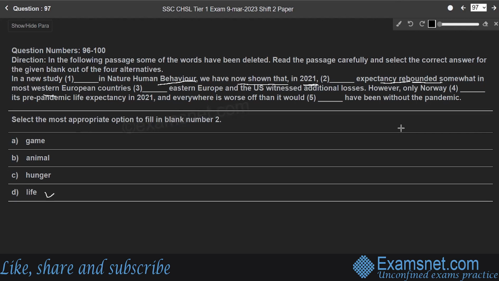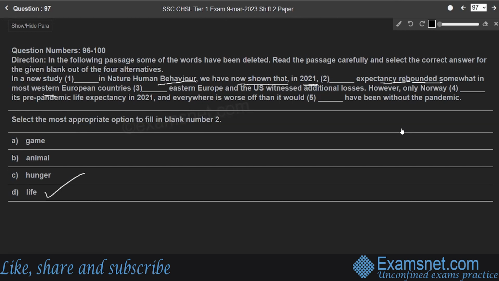Here, life expectancy, option D is the right answer. The sentence is discussing the rebound or recovery of life expectancy in different regions. So the word life accurately represents the concept being discussed. Therefore, option D is the answer.